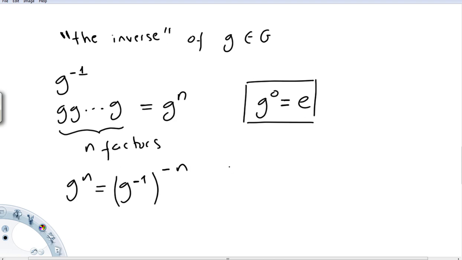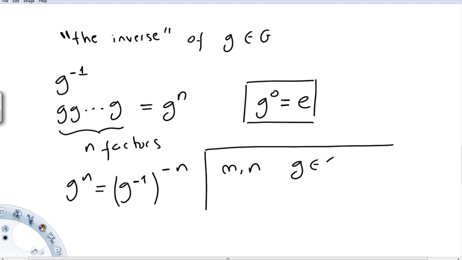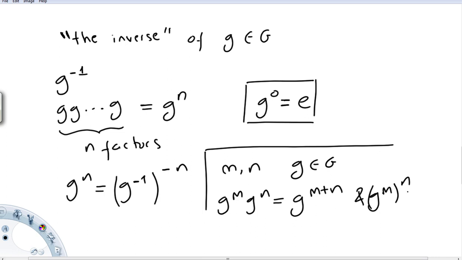This means that if we take m and n, and we take a group element G, we have G to the power of m times G to the power of n, we do the usual m plus n, and G to the power of m to the power of n equals G to the power of mn.